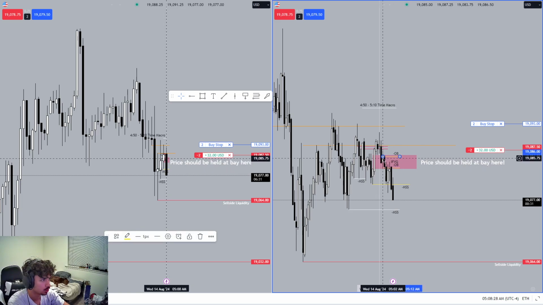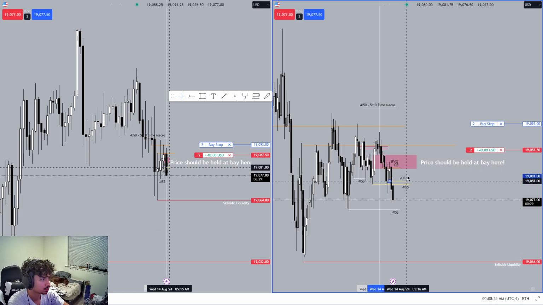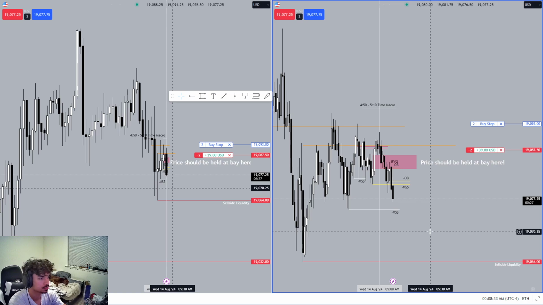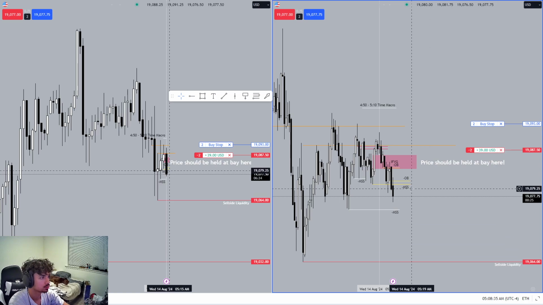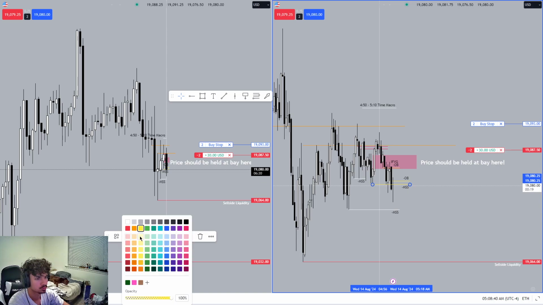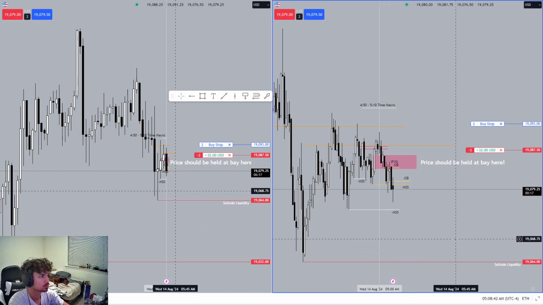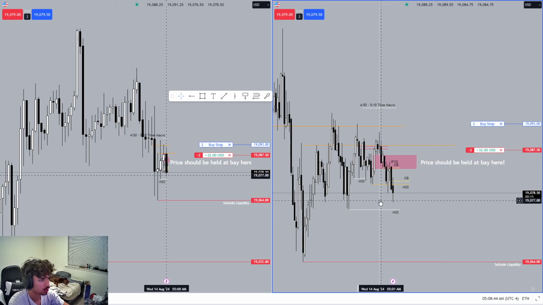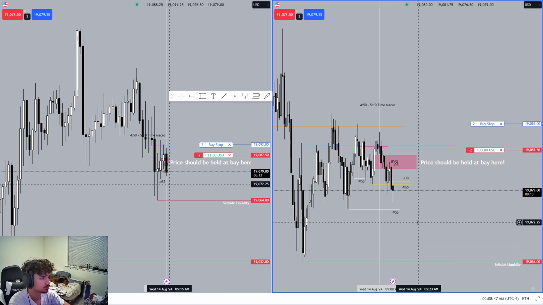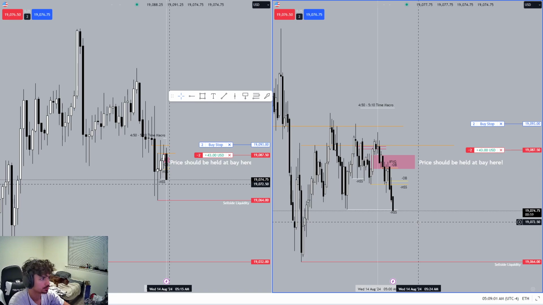Okay, we're really seeing order block theory happen now. Really want a low closing price here. That's great.